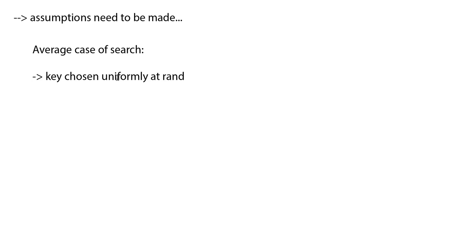Okay, so average case of search. For the search operation, let's take a look at the average case. A key is first of all chosen uniformly at random from our universe.